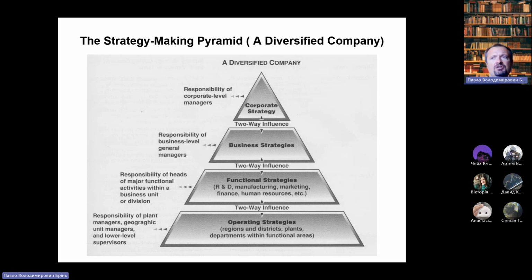Generally, business strategy is everything about how to win the competitive war with your rivals. It's all about it. And the easiest way is to present to the customer something better compared with rivals.